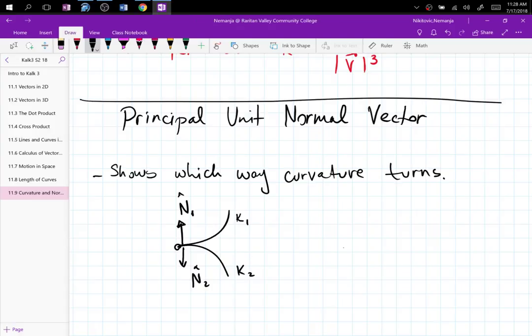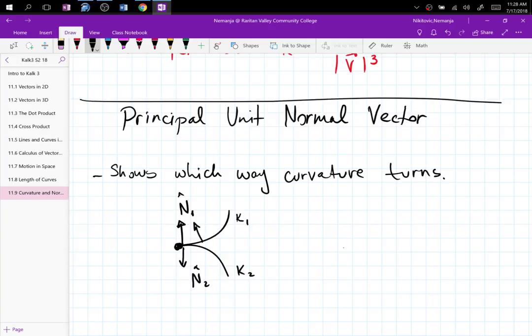So starting from the same point, curvature of, let's say, 5, can go either of these directions. And the normal vector is actually the one that shows which way, because these normal vectors are everywhere.